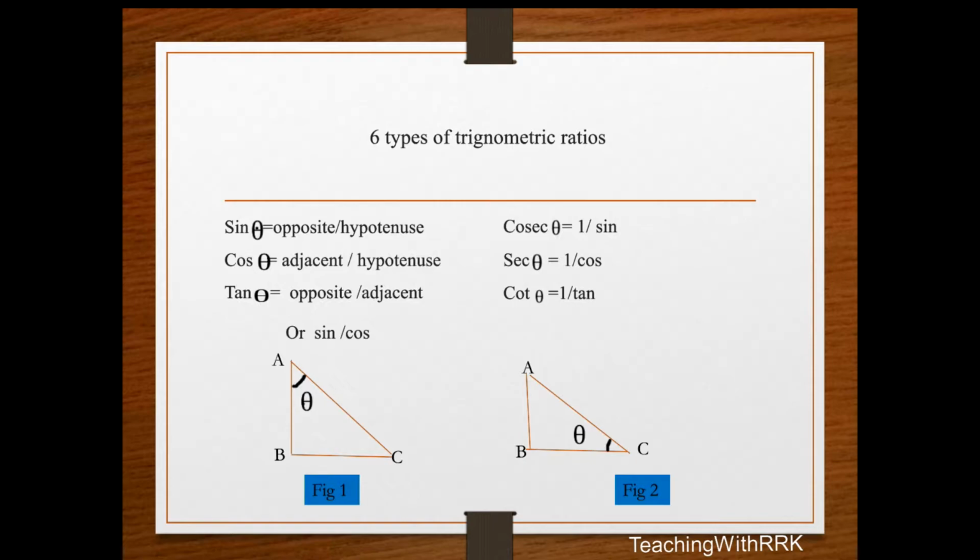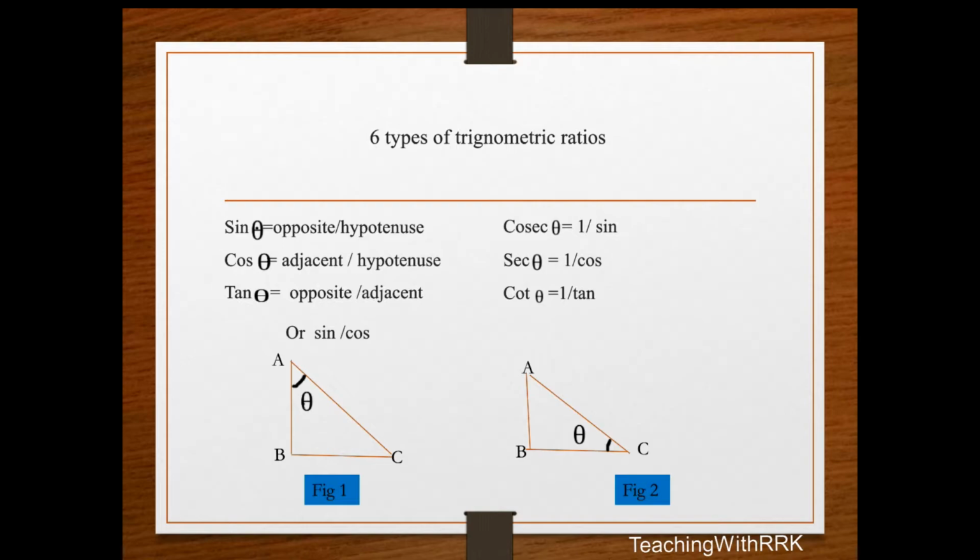Tan theta. Tan theta is opposite by adjacent, or sin theta by cos theta. For the first figure, tan theta is BC by AB. Second figure, AB by BC. Then cosec theta. Cosec theta is 1 by sin theta, that means hypotenuse by opposite side.